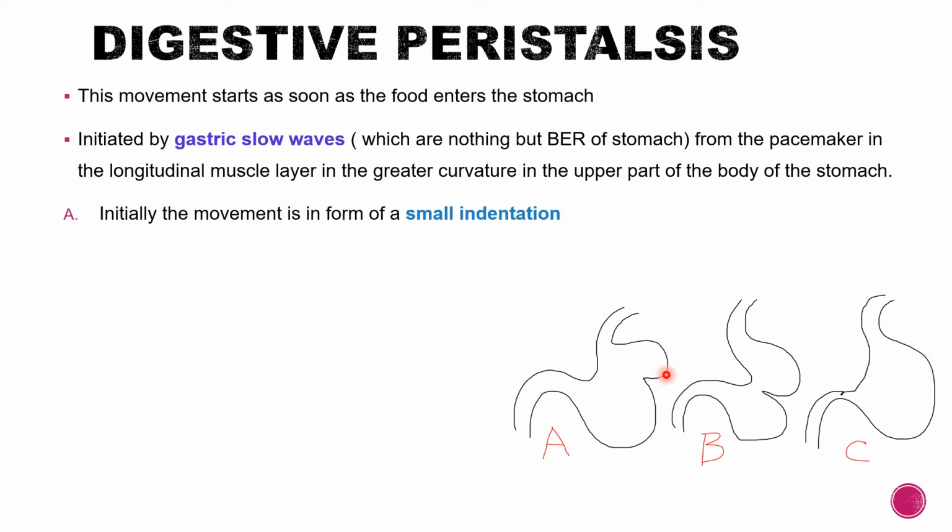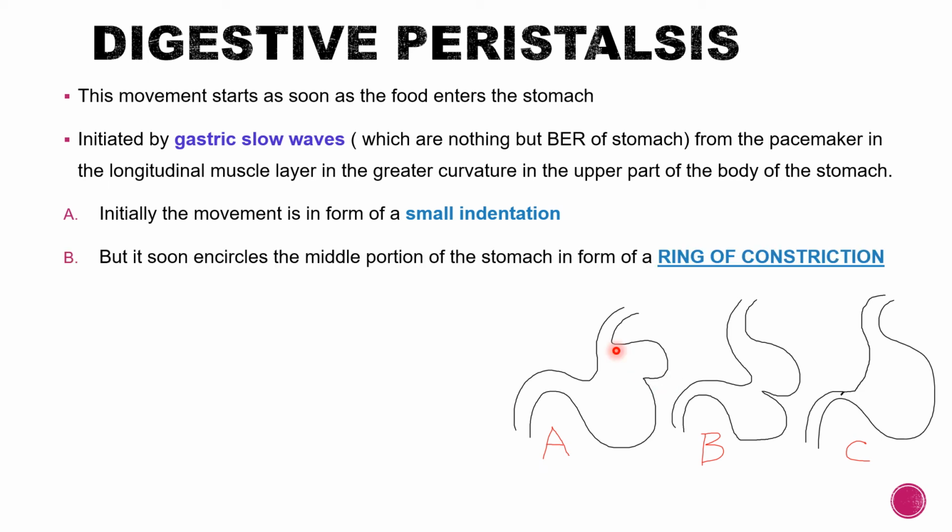Initially we have a small indentation. Look at this. Initially a small indentation. This is followed by a ring of constriction. This indentation slowly moves towards the antrum and produces a ring of constriction towards the middle portion of the stomach. This ring of constriction proceeds towards the pylorus as a wave, and then finally here it causes constriction of the pyloric antrum.